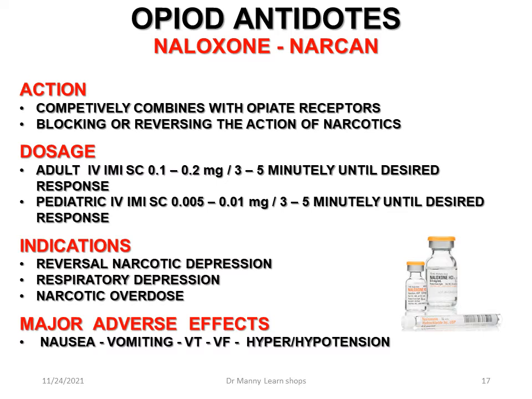The major adverse effects are nausea, vomiting, ventricular tachycardia, ventricular fibrillation, and hyper or hypotension. The dose is typically 0.1 to 0.2 milligrams, and it's given 3 to 5 minutely until you get the desired response. They wake up.